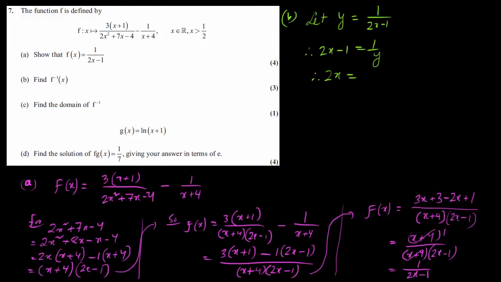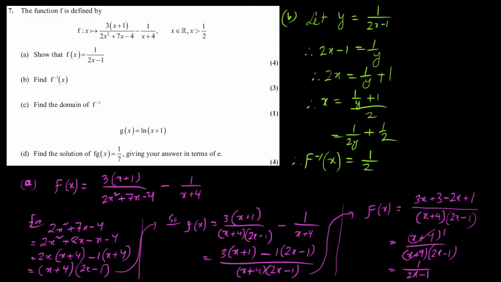Therefore 2x equals 1 by y plus 1. Therefore x equals (1 by y plus 1) divided by 2, and that turns out to be 1 by 2y plus 1 by 2. So f inverse x is going to be 1 by 2. Since we are writing x over here, we cannot write y over here. We have to write x, plus 1 by 2.